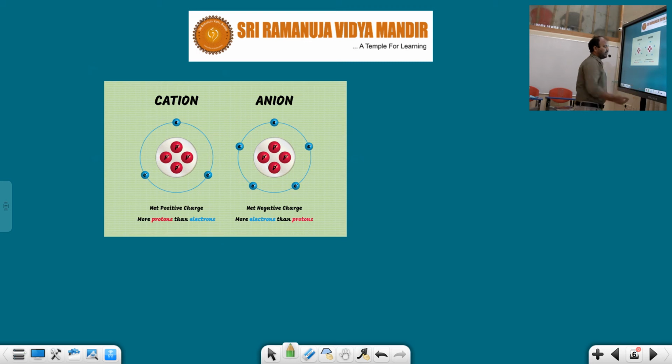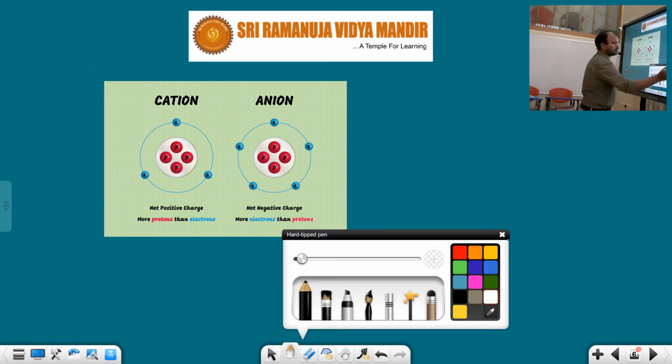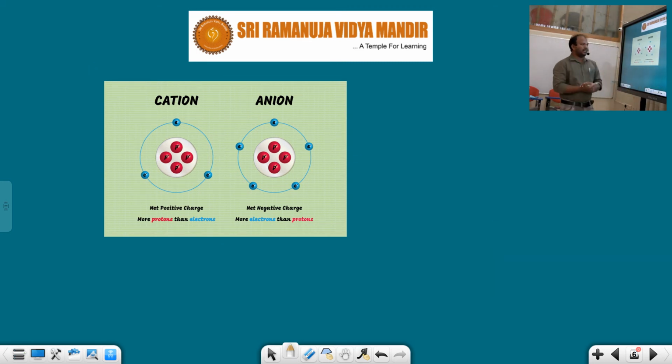Generally in an atom the electron number and proton number are the same, but an atom is capable of either losing electrons or gaining electrons, and only then are ions formed. When an atom loses electrons, it forms a positively charged ion, a cation. When an atom gains electrons, it forms a negatively charged ion.